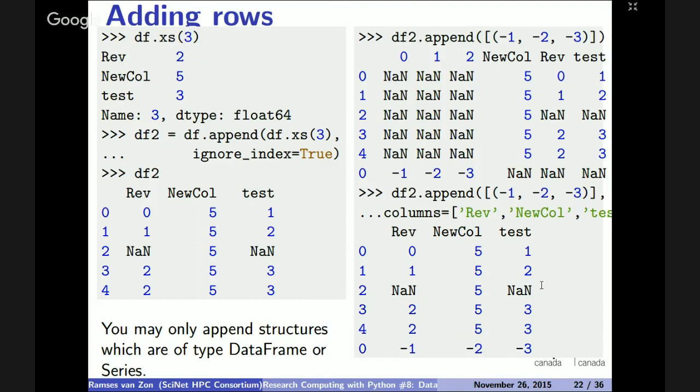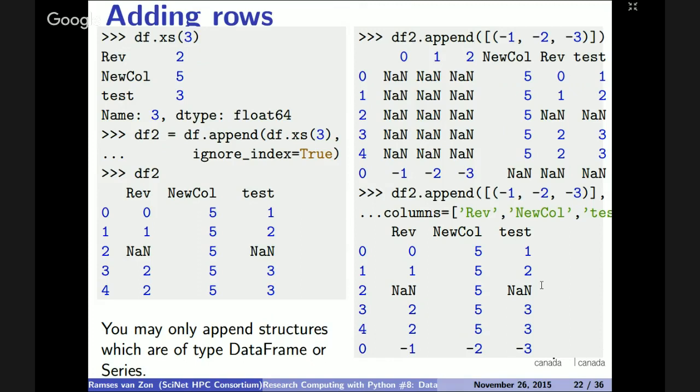I can append rows too, but I have to be careful here. So I should have done this in 2 steps. But suppose I want to append a row to the table we just have. So I want to create a second data frame called df2, by appending this same row once again.